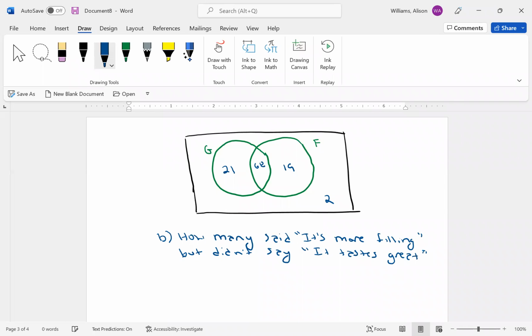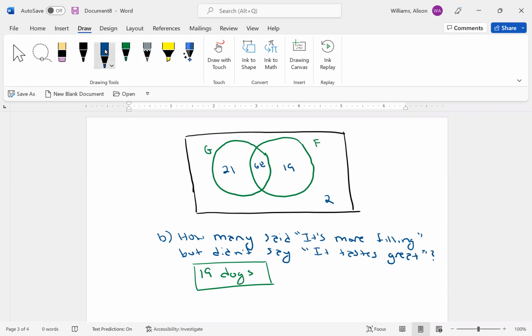And the answer is pretty straightforward because it's sitting right here on our table. That's 19. There were 19 dogs that said that it was filling, but didn't think that necessarily that meant it tastes great. They just liked the filling.